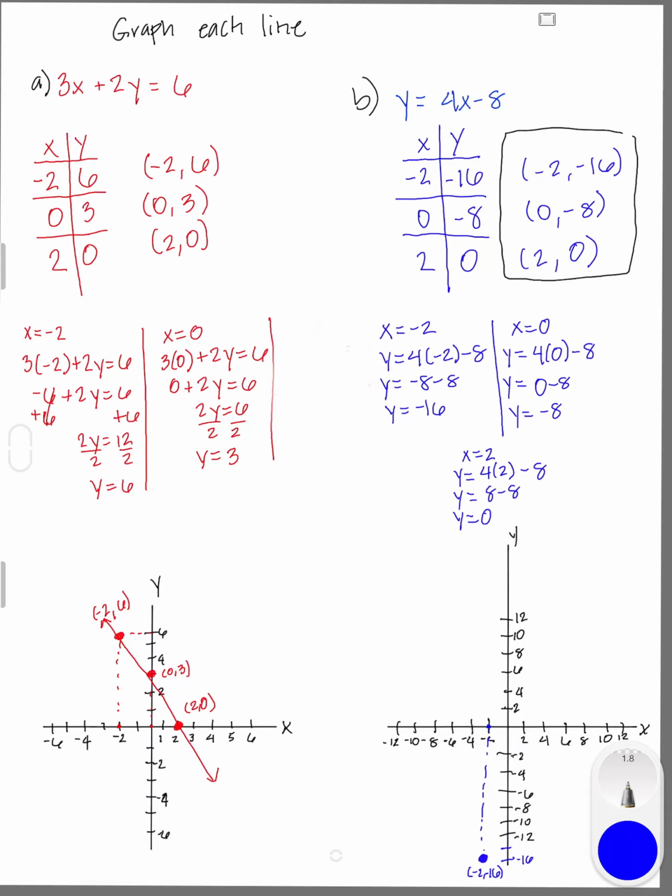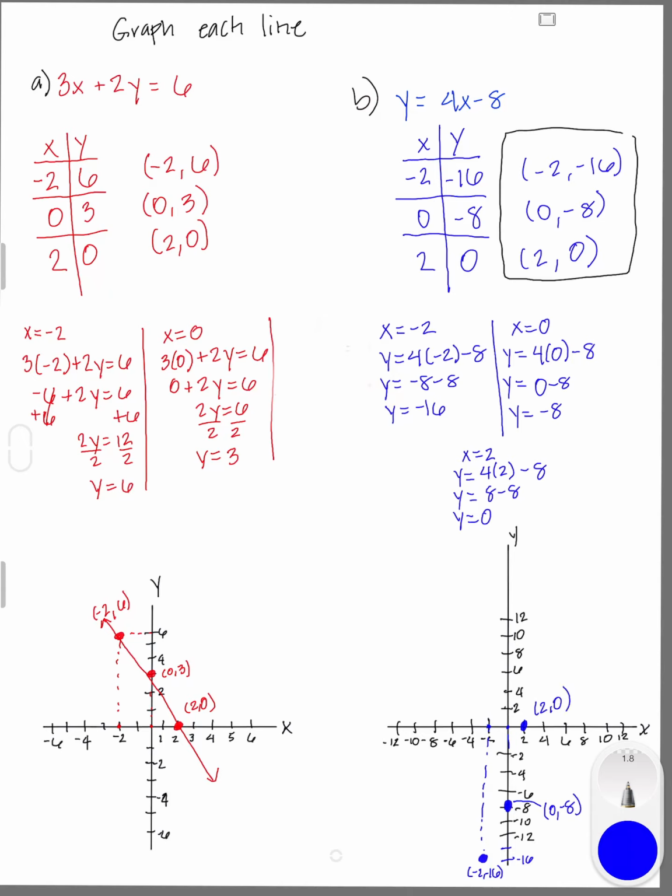The next one is 0, so we stay at 0 and -8. Notice how in this case x was 0 and we plot the point on the y-axis. So that's something we're going to talk about in the next slide. And then we have 2, 0, so we're not going to go up or down, it's just going to stay there. So this is the point 2, 0.